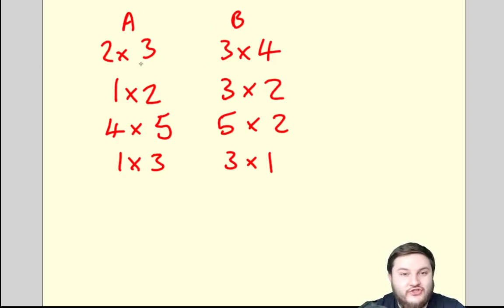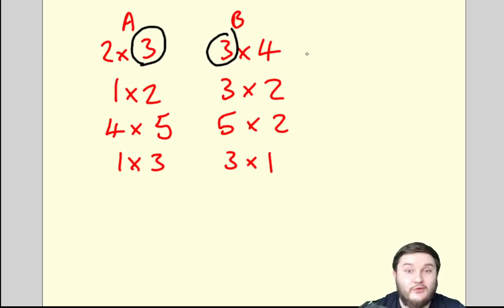So you have to check, is this dimension equal to this one? And it is, so we can multiply them. The answer is going to be what's left over here, so the answer is going to be a 2 by 4 matrix.